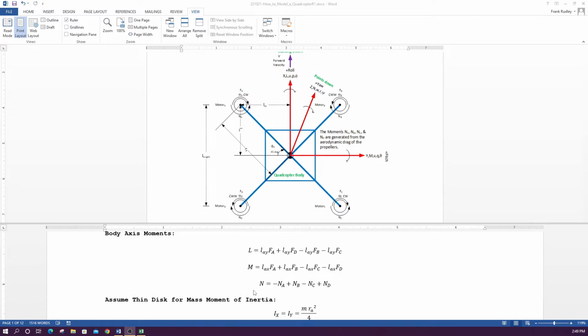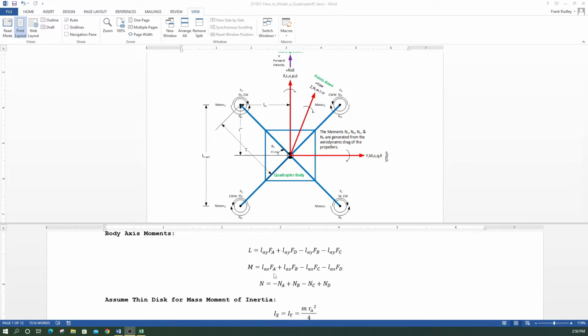Now to get our yaw moment, the yaw moment is due to the aerodynamic drag difference of the propellers. So say FA, force of A, the propeller's moving clockwise, that's going to generate a drag that would tend to turn the aircraft left.